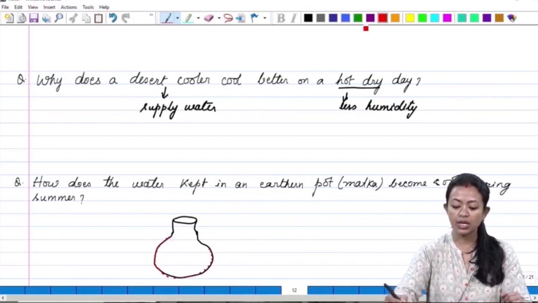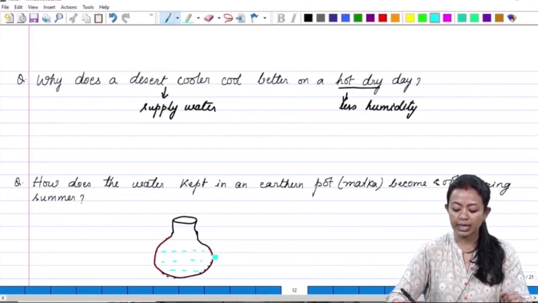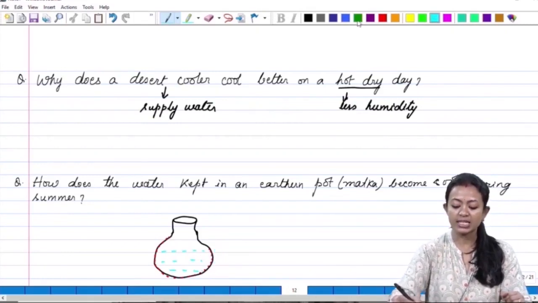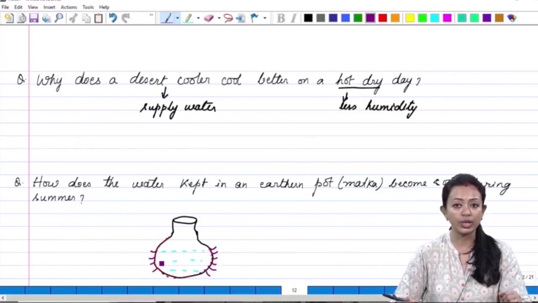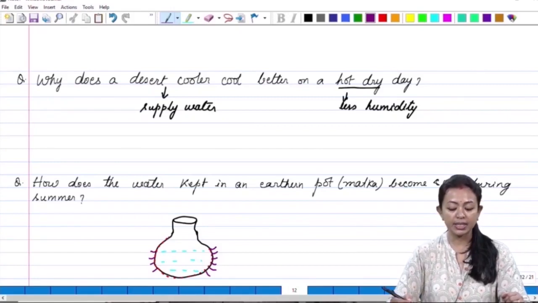The water which is present inside the pot comes to the surface and starts evaporating. You would find that the water particles come to the surface and start evaporating. And we know that evaporation leads to a cooling effect. That's why the water which is kept in an earthen pot becomes cool during the summer.